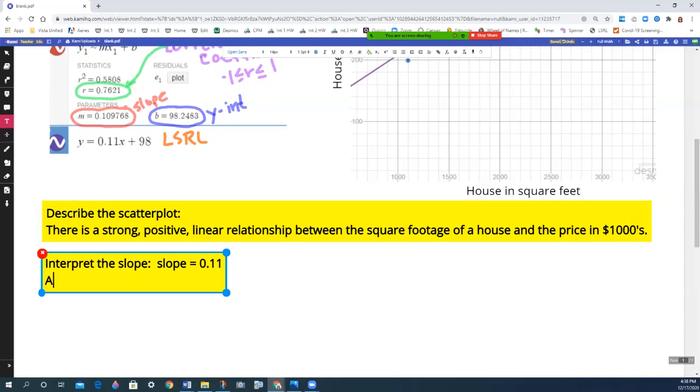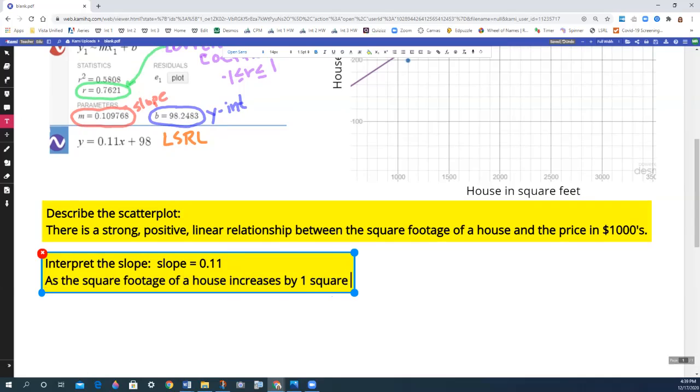So we're going to say as the square footage, because this is your x, of a house increases by always 1 unit, because we want to know how much it is as a unit rate for the slope. So as the square footage of a house increases by 1 square foot, the price of a house.